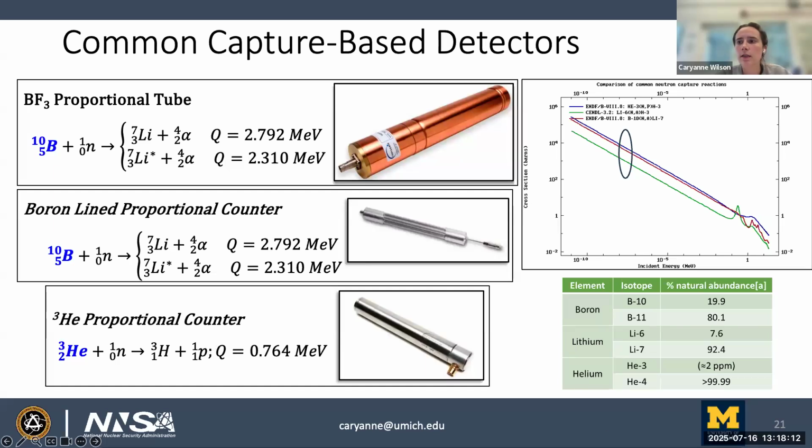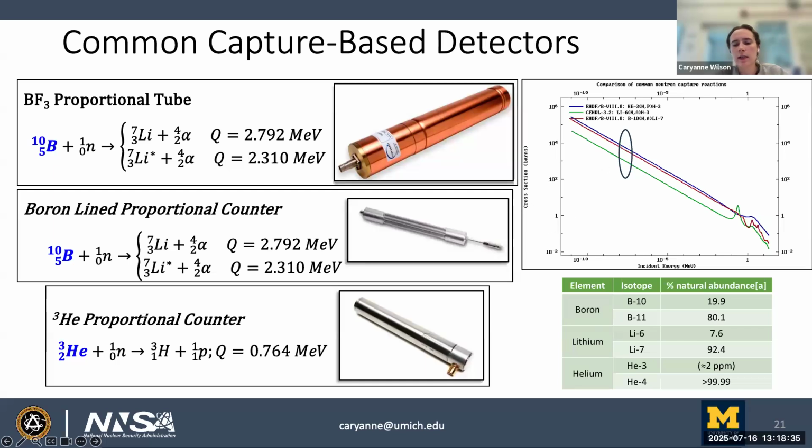Helium-3 is often considered the gold standard due to its high neutron detection efficiency. It also has good gamma ray discrimination, and the gas is non-toxic, versus BF3, which is a hazardous gas. Cross sections are shown to the right. For thermal neutrons, we're in the 10^3 to 10^4 barns range.